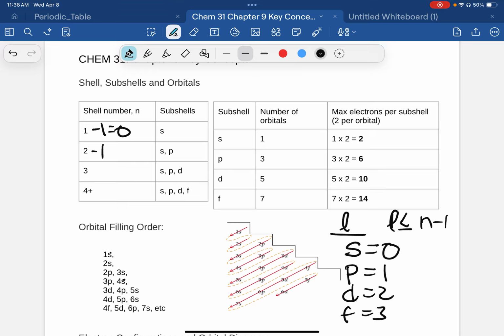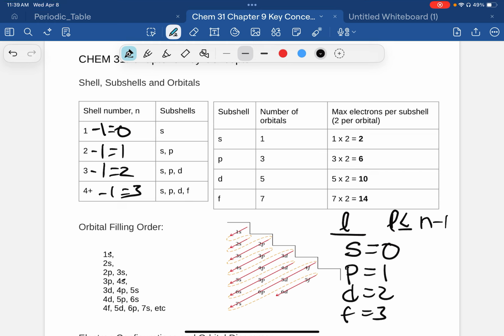Same thing over here: n minus 1 equals 1, so you can have a p, which is a 1, or an s, which is a 0. Over here, n minus 1 equals 2, so you can have a d, a p, or an s. And here, n minus 1 equals 3, so you can have an f, a d, a p, or an s.